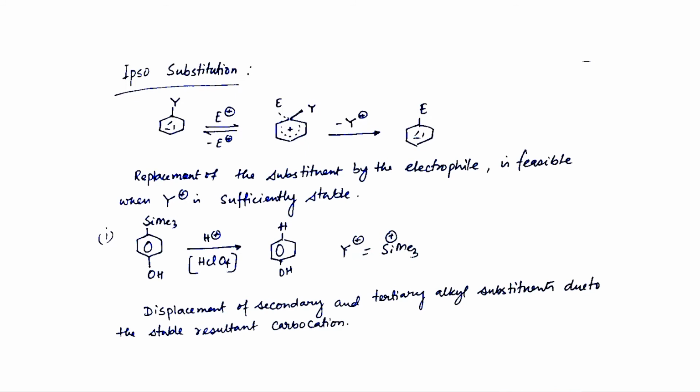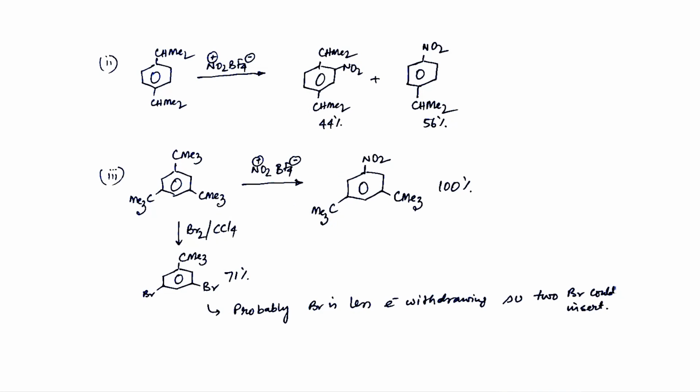So for example, this SiMe3, if you treat with acid, this SiMe3 actually leaves and is replaced with hydrogen. Okay. Most examples are observed when you have secondary or tertiary alkyl groups. The cations generated from these groups are stable, and because of that, when you react with some electrophile, you can see that they are giving either the electrophilic addition or the electrophilic displacement reaction in this case. Okay.